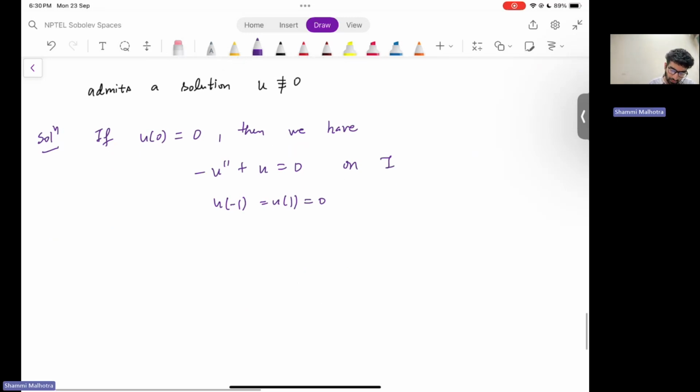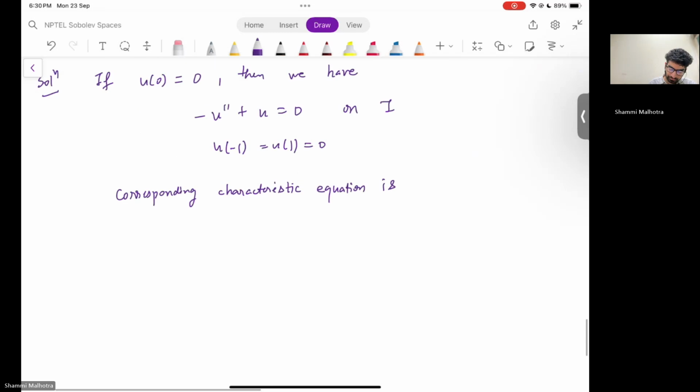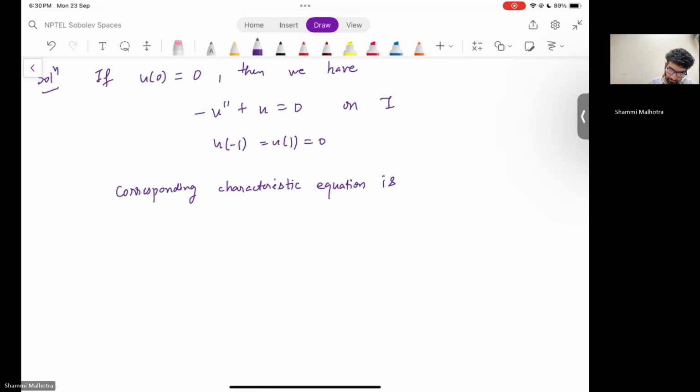The corresponding characteristic equation is minus m square plus 1 equal to 0, and this implies m equal to plus minus 1.